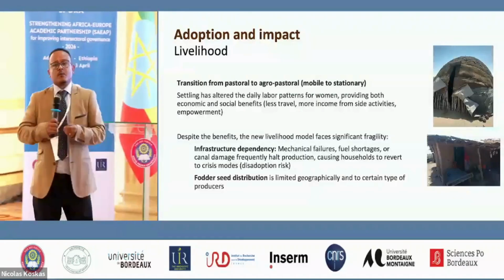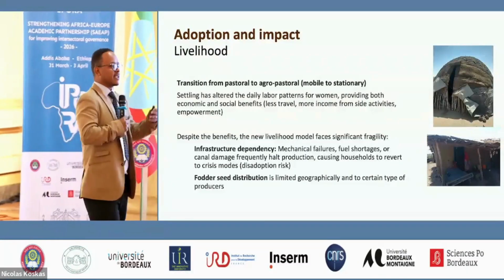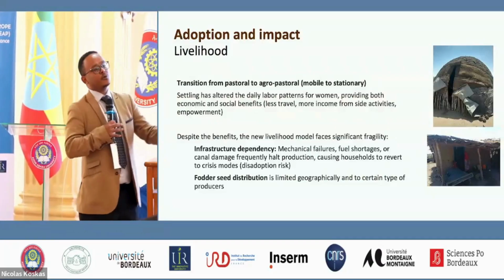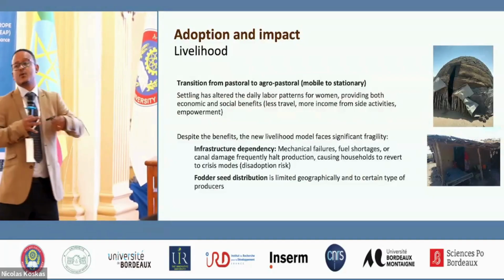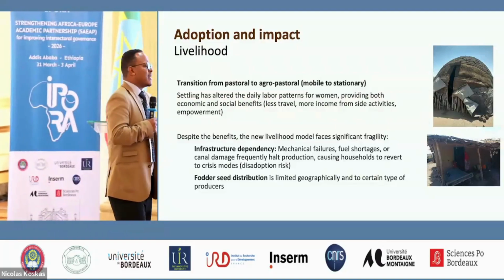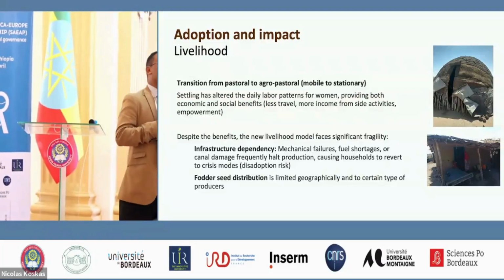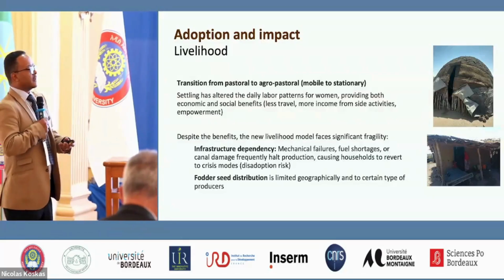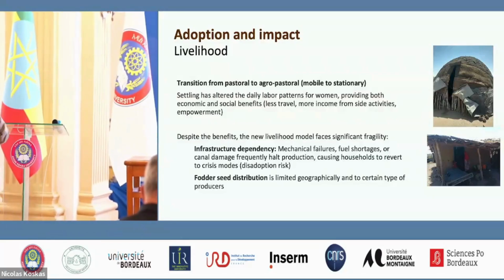So we've seen from the satellite imagery that there has been some adoption and diffusion along the areas where it was possible. Now we ask, what is the impact in the views of the people who live in Afar? And we tried to identify some of the things that emerge.